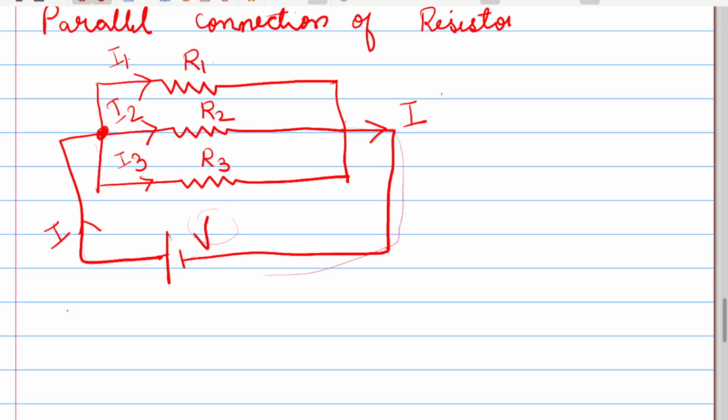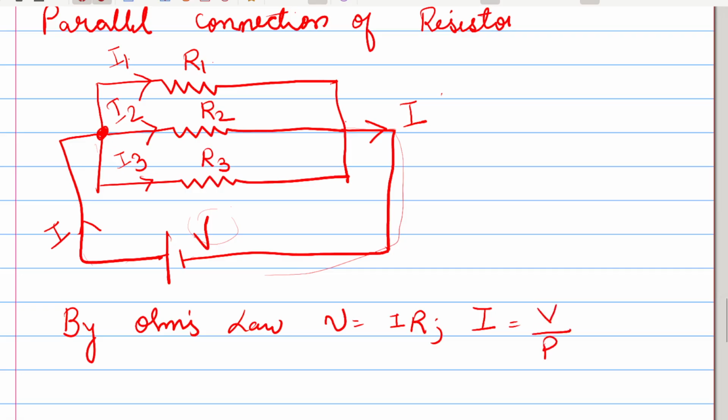Now we know that by Ohm's law V is equal to I into R and I is equal to V upon R. Okay.